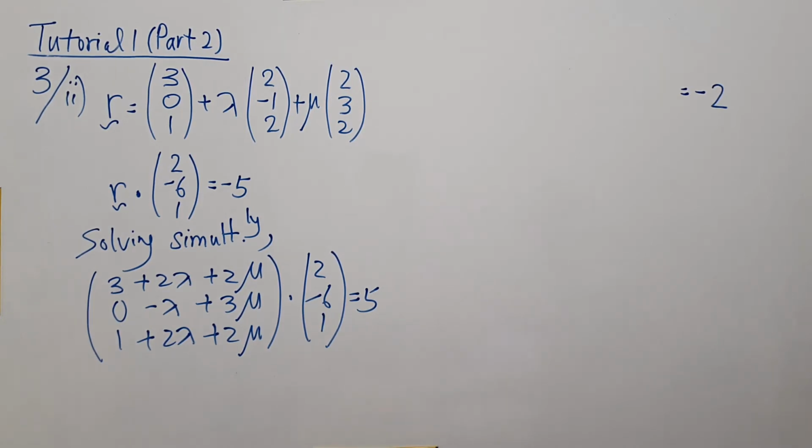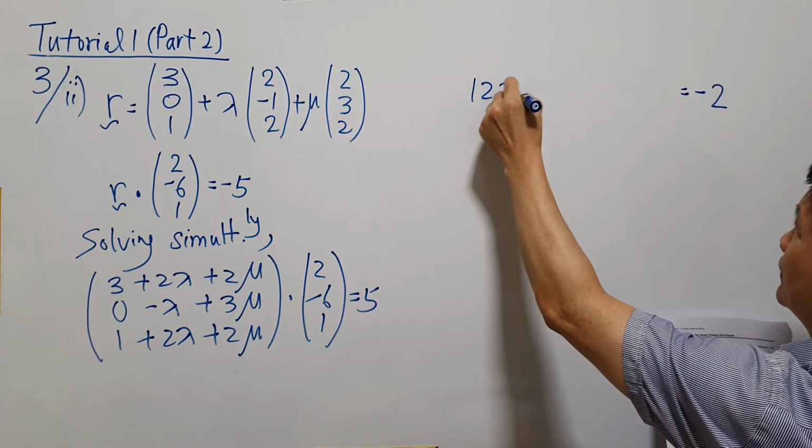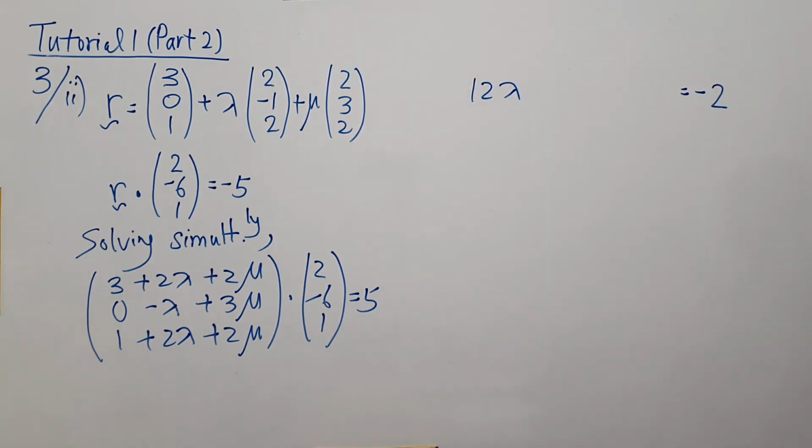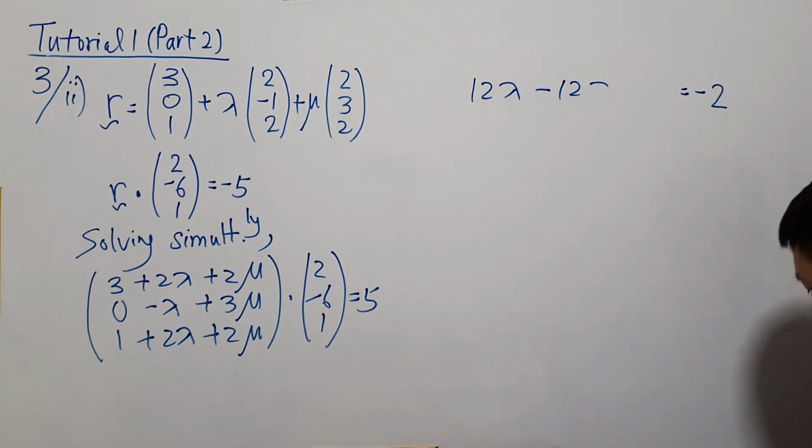Then next, this times this, 4 lambda plus 6 lambda, 10 lambda plus 2 lambda is 12 lambda. And then you have 4 mu minus 18 mu is minus 14 mu, plus 2 mu is minus 12 mu.